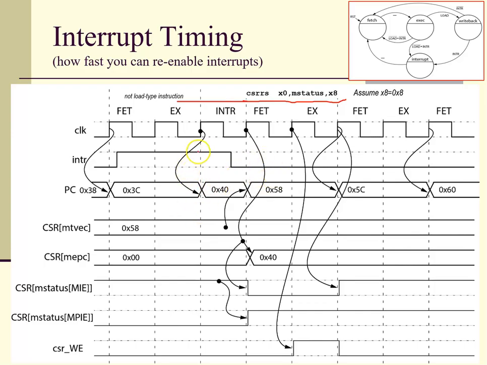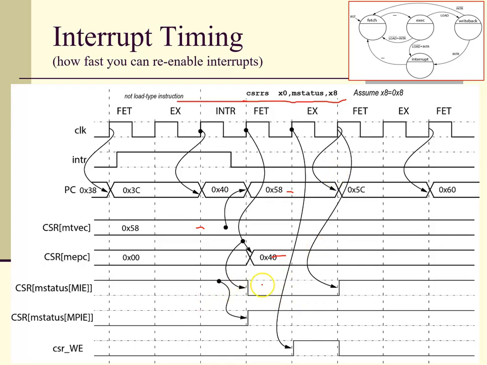It gets the interrupt at the end of the execute cycle, it goes into the interrupt cycle, and the interrupt turns off. Not a big deal, but this is the address of the next instruction. It gets stored in the MEPC. The address of the interrupt service routine gets put into the PC, and the first instruction in the interrupt service routine is an instruction that re-enables the interrupts.